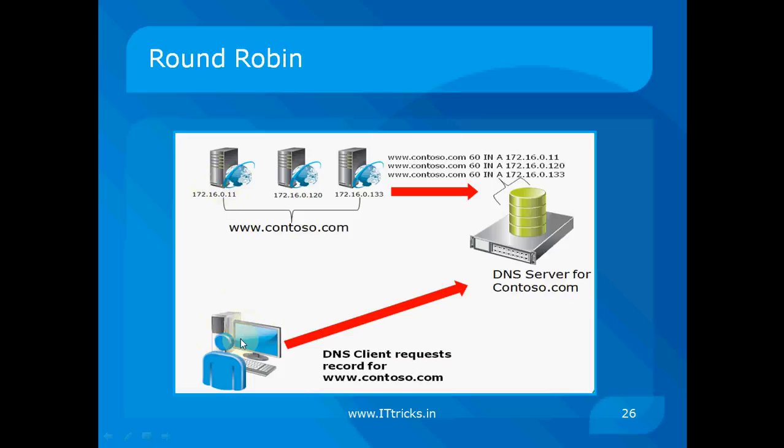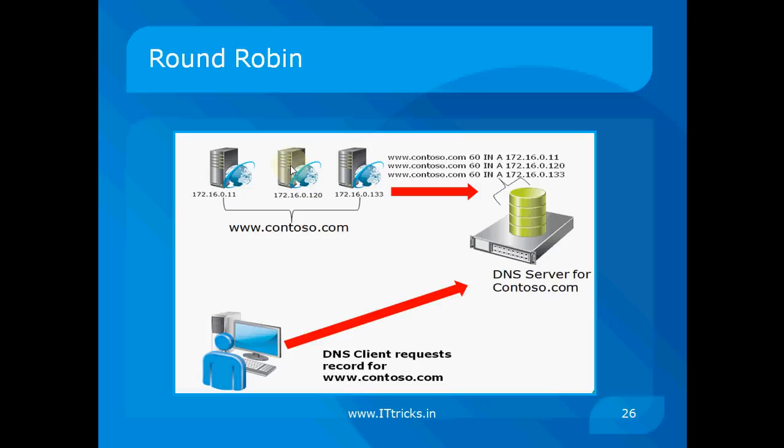Next time, if it or any other client asks the query to the DNS server, suppose it is resolved to 0.120, then the response will be forwarded to 0.120. So like this, round robin will load balance between the multiple servers.